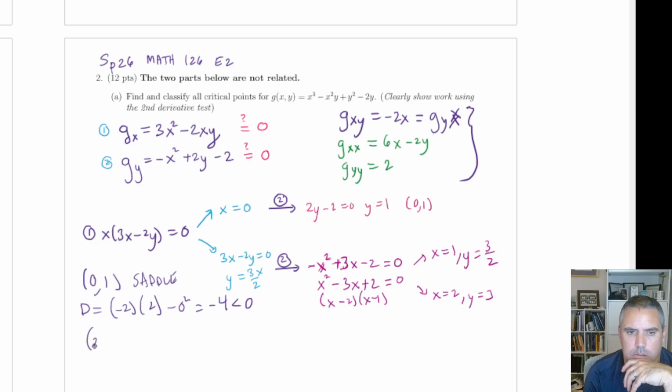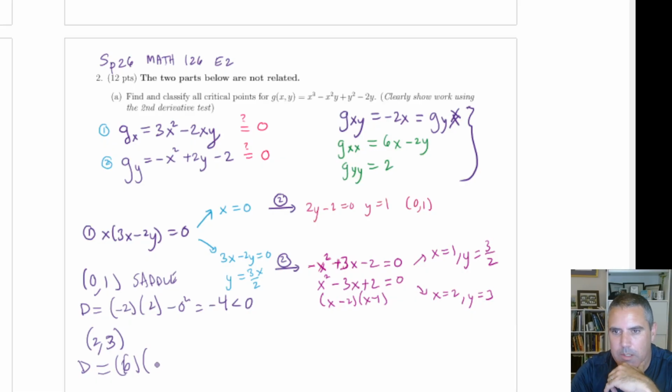If you do 2, 3, you get d is, so put in a 2 to this one and a 3. You get 12 minus 6. And you don't have to do it in your head. I'm just doing it for time, and I want to make sure I'm actually showing this on the page.